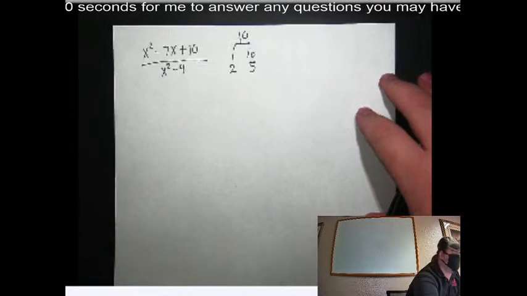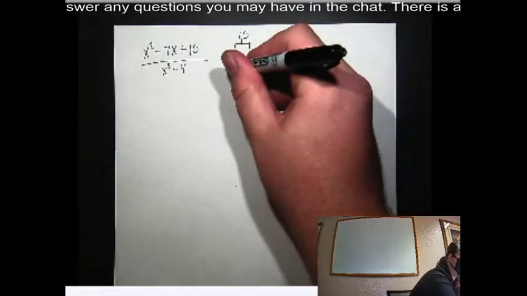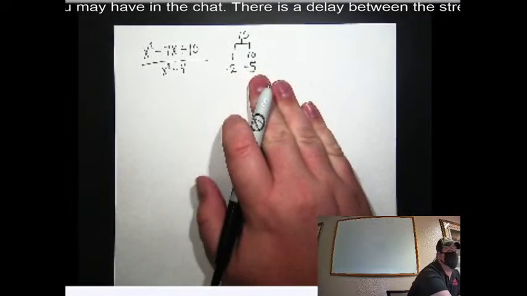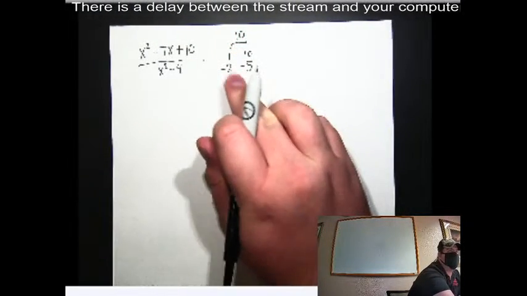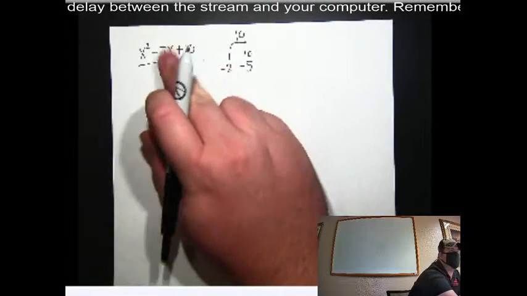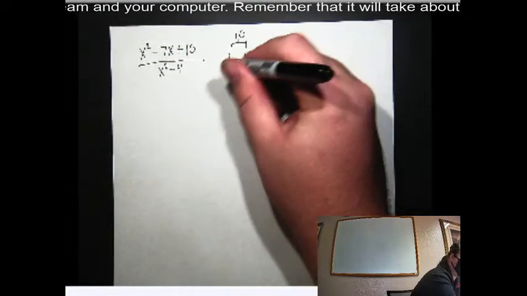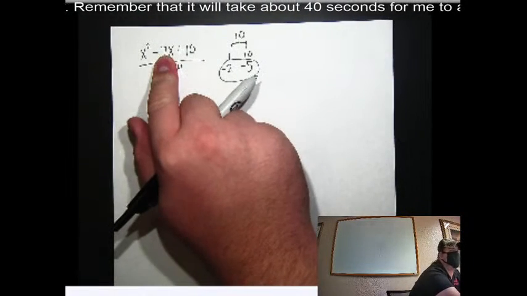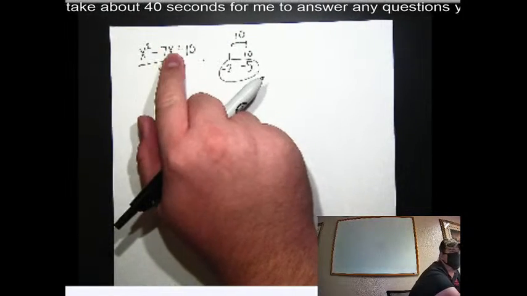So what pair will give us 7 if we combine them? Yeah, if we make this negative 2 and this negative 5, negative 2 times negative 5 gives us positive 10. That works. Negative 2 plus negative 5 gives us negative 7. So that works. So we will use these to replace negative 7x. Of course, that would then become negative 2x and negative 5x.